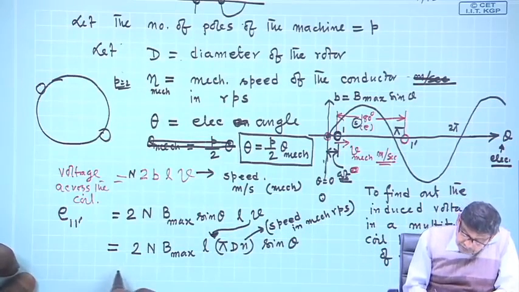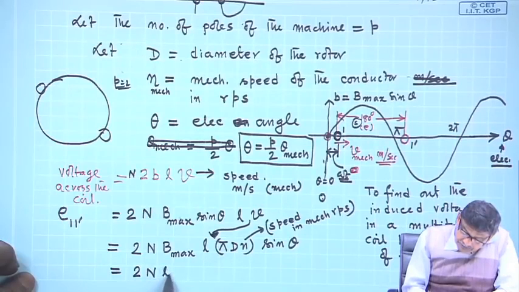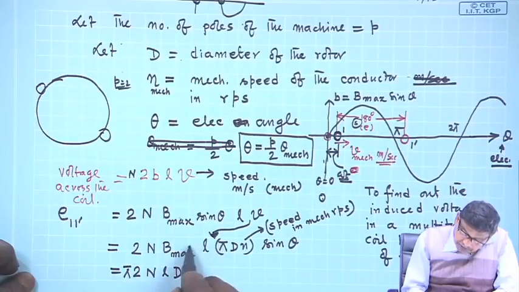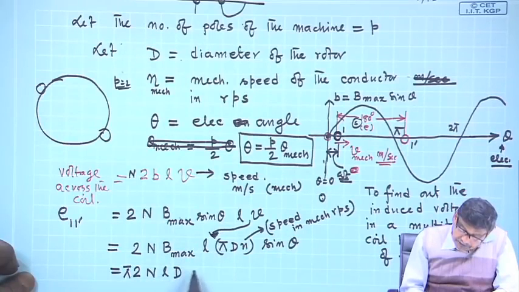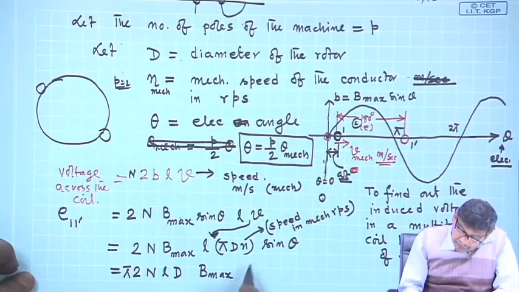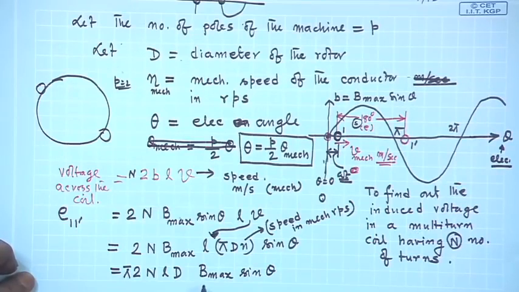Let us bring all the constants together: 2, n, L is constant, capital D is constant, pi is constant, B max, sin theta, and then small n. All the terms I have taken. So this is the velocity here.